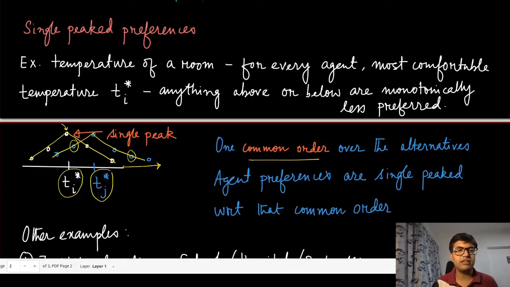That is completely feasible under this preference profile. But the point is, if you are on one side of the peak, you have a monotone decrease in your preferences, and on the other side you also have another monotone decrease. So you have a common order over these alternatives, and the agent's preference is single peaked with respect to that common order.